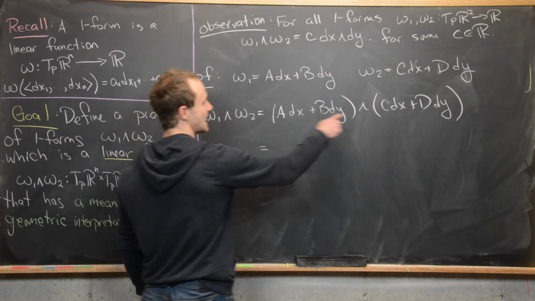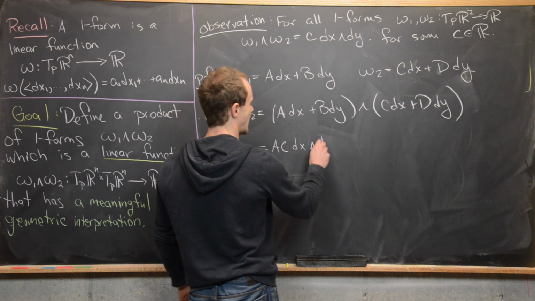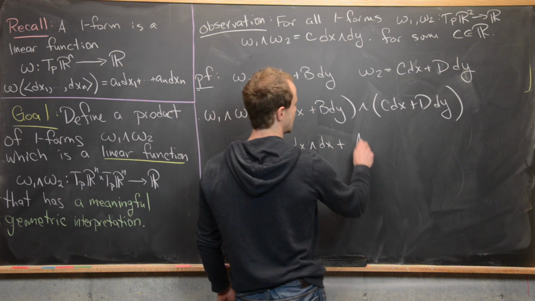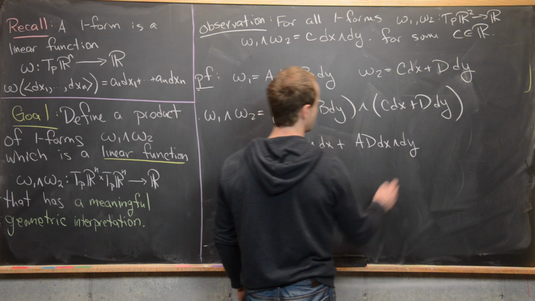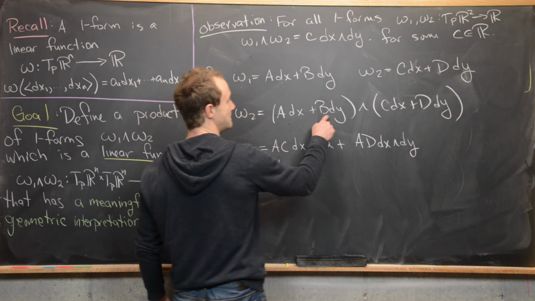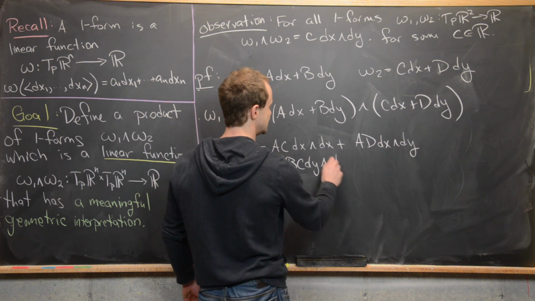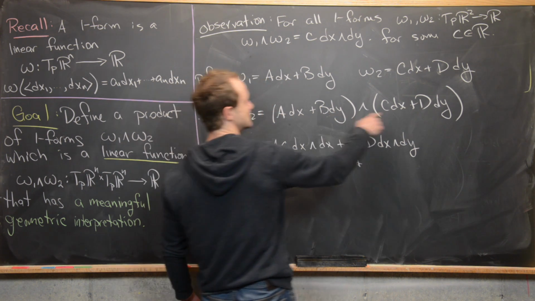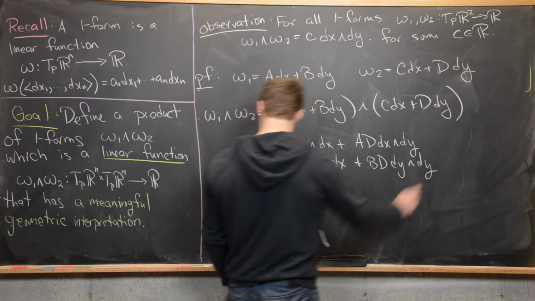So if we take a dx wedge c dx, that's going to be ac dx wedge dx, plus, and now the next thing we have is ad dx wedge dy. And then the next thing we have is bc dy wedge dx, and then the last thing we have is bd dy wedge dy.